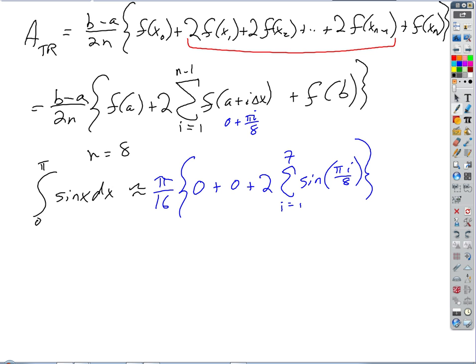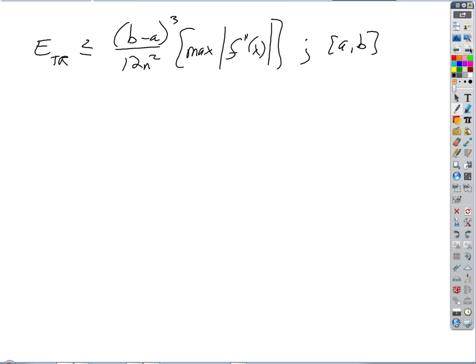We wanted to be within 0.01, 1/100th of the exact area, let's say. Okay, so then how could we do that? Well, we could say that our error expression, which is pi minus 0, so pi cubed over 12n squared times this.